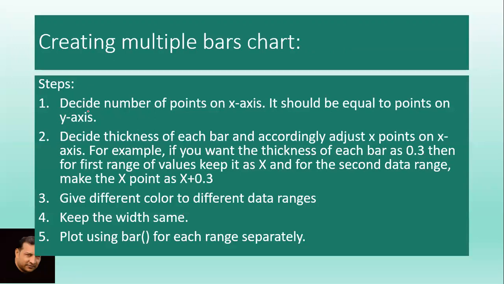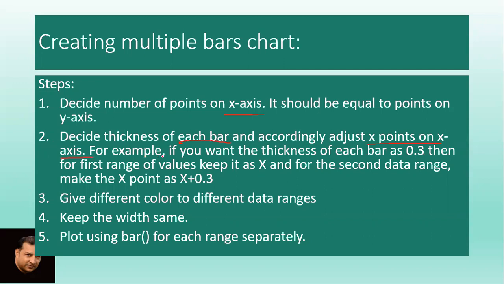First step, decide number of points on x-axis. For example, you have number of points on x-axis like 4 for 4 cities. It should be equal to points on y-axis. Second, decide thickness of each bar and accordingly adjust x points on x-axis.